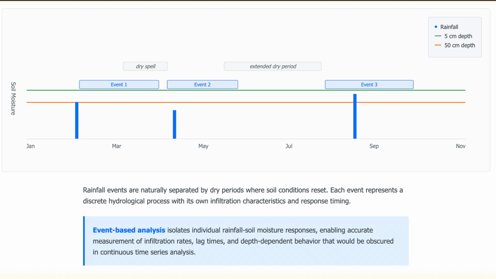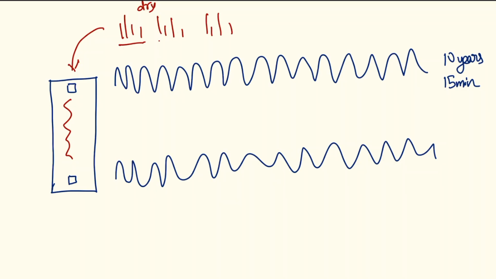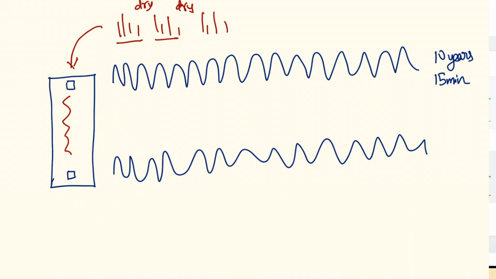It rains for a while and then there is no rain and it is dry, and then again it rains and then there is a dry spell. And sometimes there is also a long dry spell before it again rains.